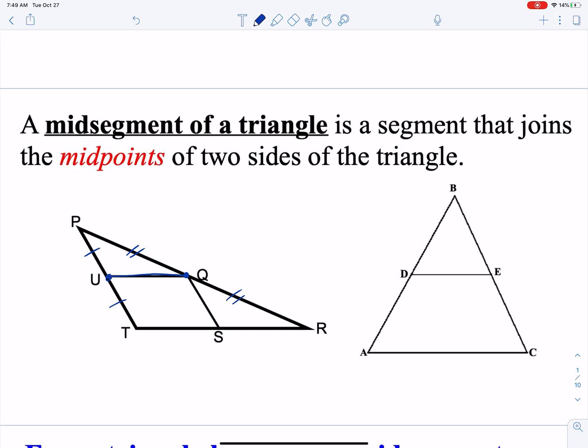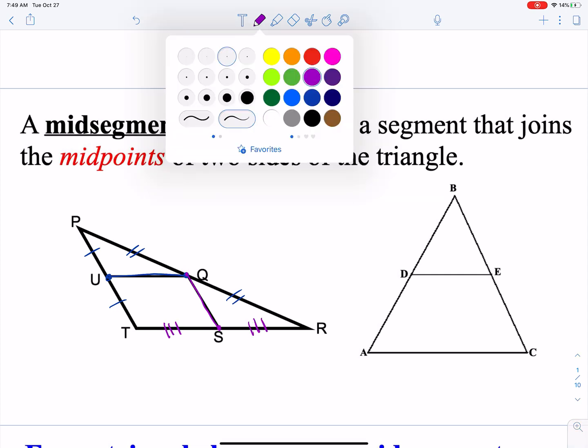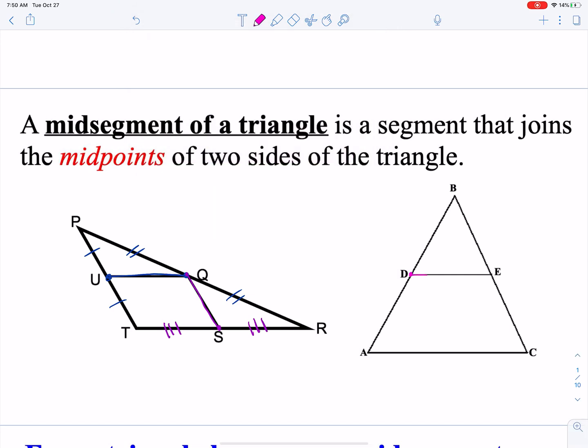Looks like QS is also a midsegment. We've already marked Q as the midpoint, but S would also be the midpoint of side TR. And in our other triangle, DE is a midsegment.